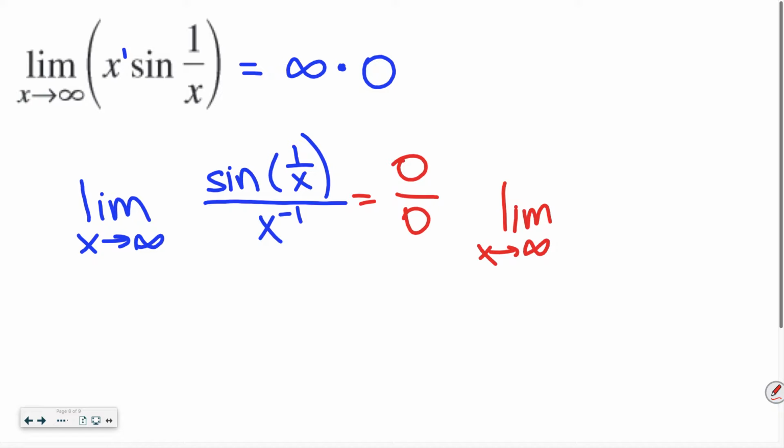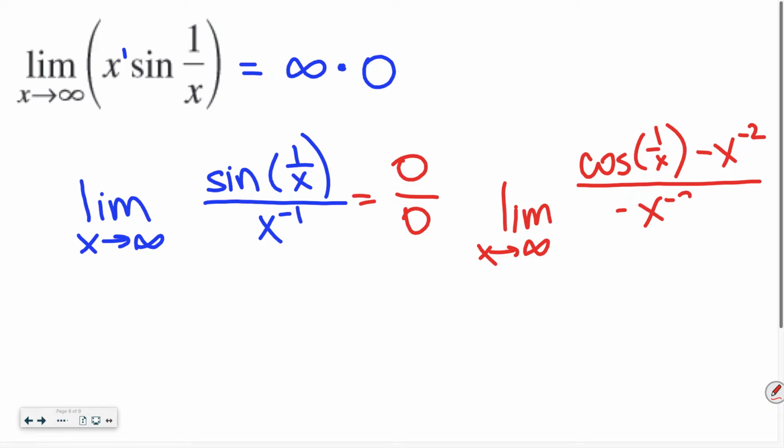It's the derivative of sine. So we have the cosine of 1 over x. The derivative of 1 over x, let's just call it x to the negative first, right? The derivative of x to the negative first is negative 1 x to the negative second, right? Because we have to perform the chain rule. The derivative of the denominator, negative 1 x to the negative second.